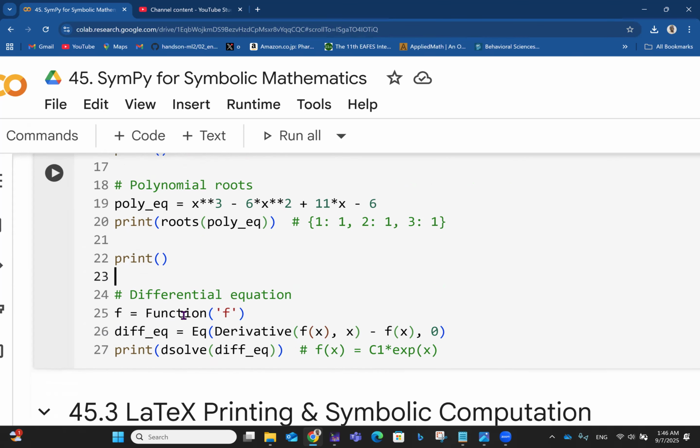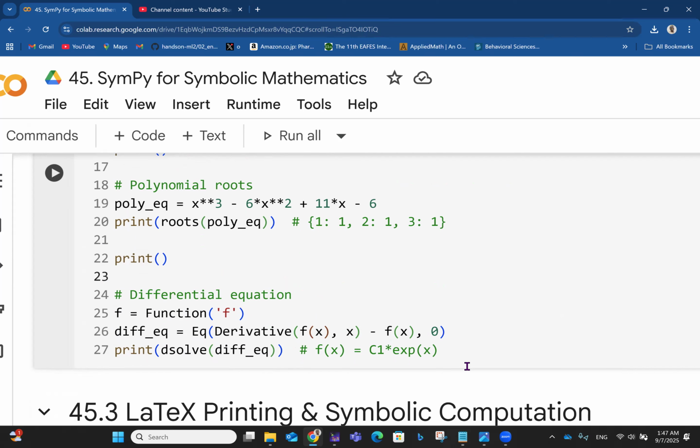Then we can also differentiate, right? You have f as a function, a particular function f, like that. And then we differentiate the equation, so you have diff_eq. You have the derivative of f(x), comma x, then minus f(x), equals 0. So in that case now we can actually get something. You now print diff_eq. So for this expression, you have the differentiation of f(x) with respect to x, like that.